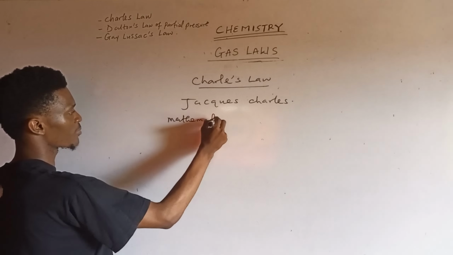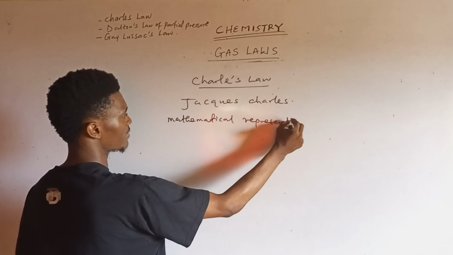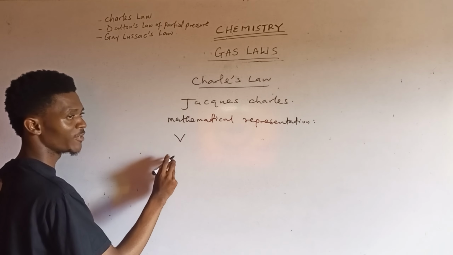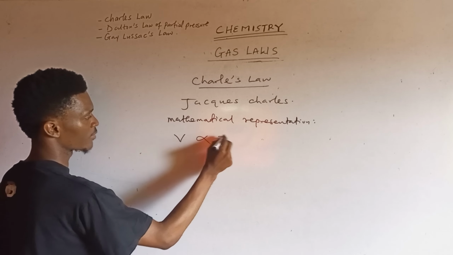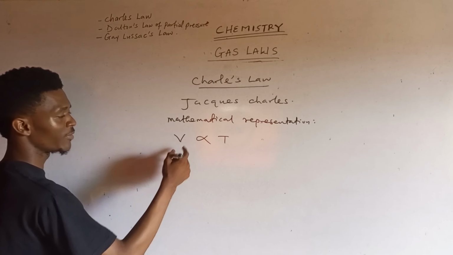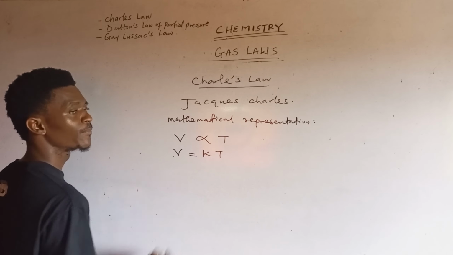Now, the mathematical representation is given by: the volume of a given or fixed mass of gas is directly proportional to what? To the temperature. And of course, by the introduction of a constant, it becomes V equal to KT.